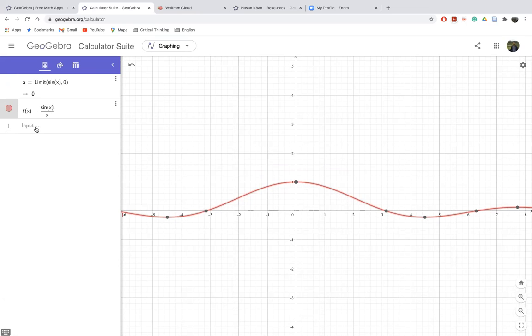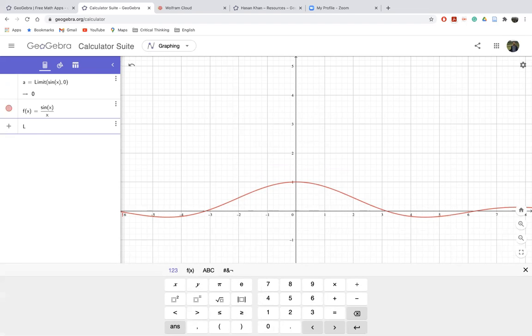For this, I will simply type limit, and then the bracket. I have to write the function first. By the way, if you simply type limit here, as you can see in the drop down menu, it automatically gives you some hint. It says limit, then the function, and then the value. Let's type the function first. Since we have already defined the function f of x, I can simply type f only.